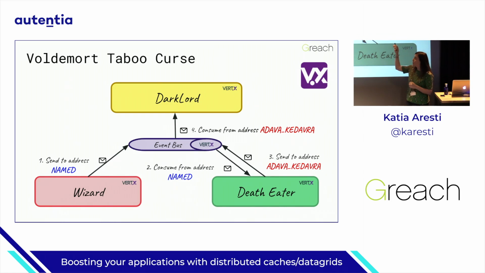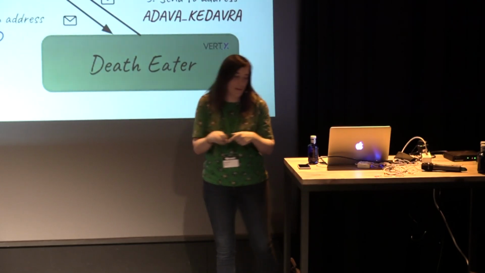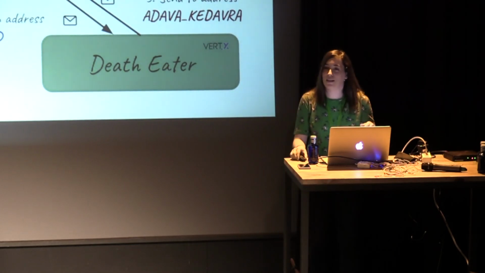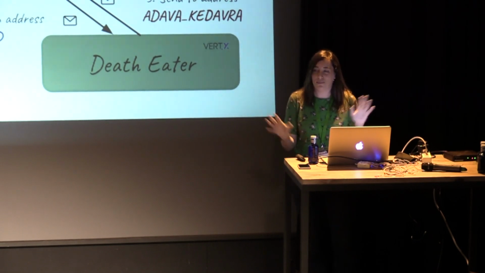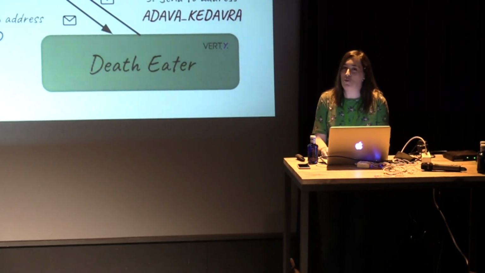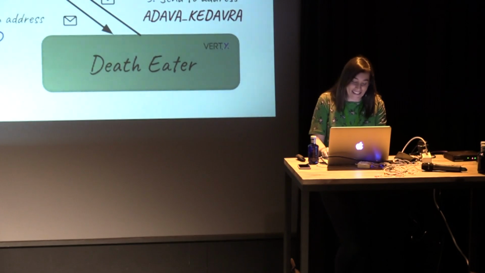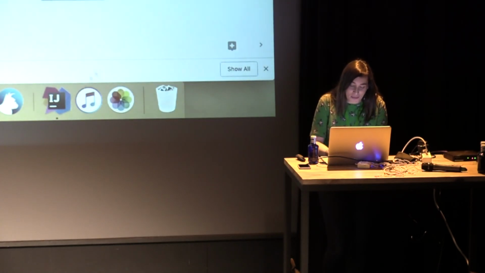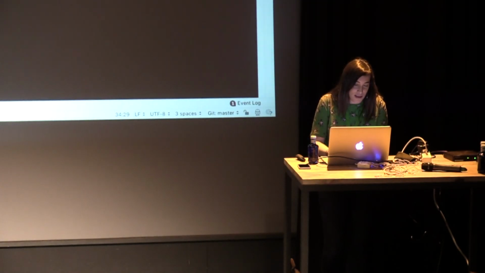And in the end, the Dark Lord is only going to monitor what's going on to see which editor is killing which wizard. So is it clear enough? Are you with me? Okay, so I'm going to do a little demo about that.